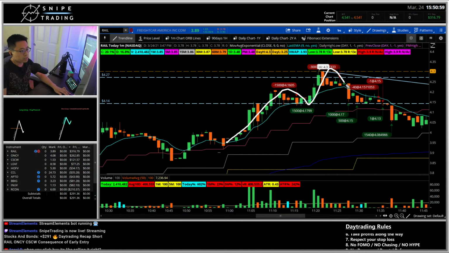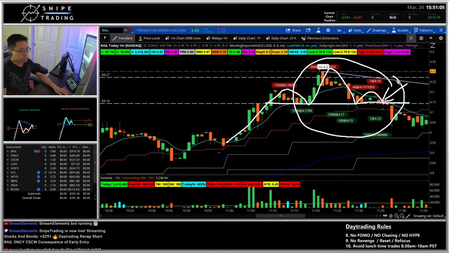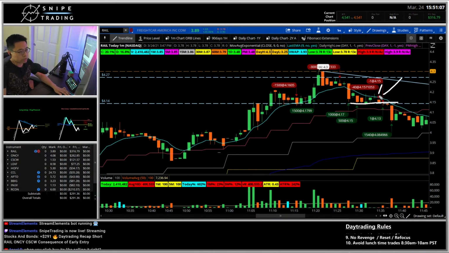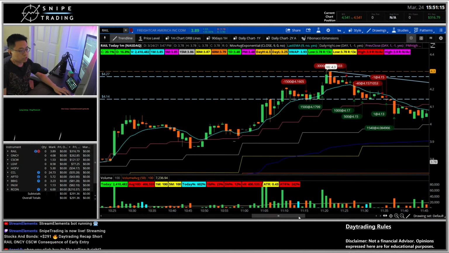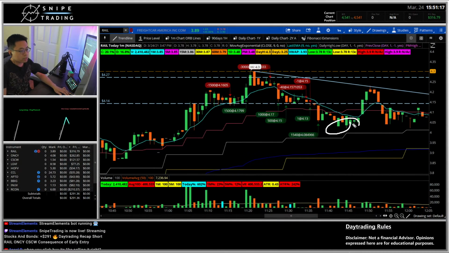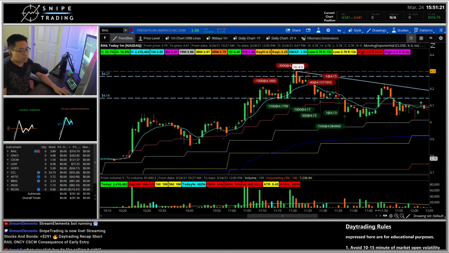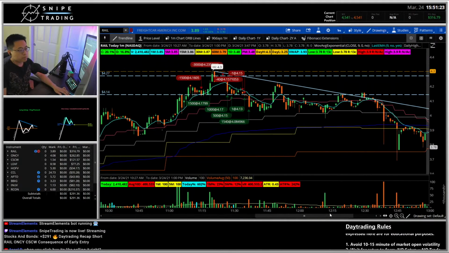This is the head and these are the shoulders, and then the break of that, or you can call it a cup and handle over here. I went short there, and then pretty much covered when it broke the 5 minute 90 EMA onto the 15-minute chart. Right when it hit the 15-minute chart, it retested these highs and continued on there.